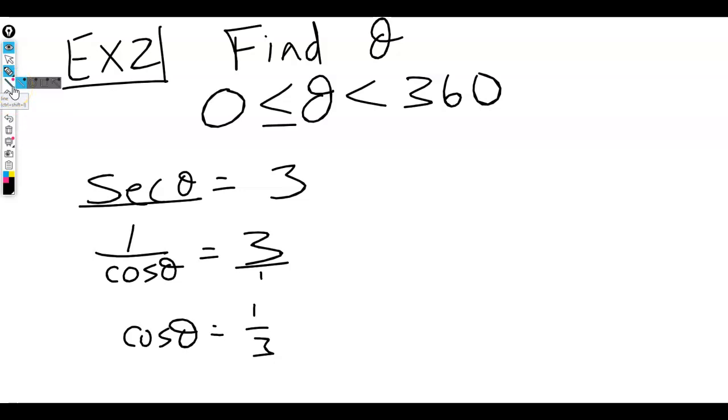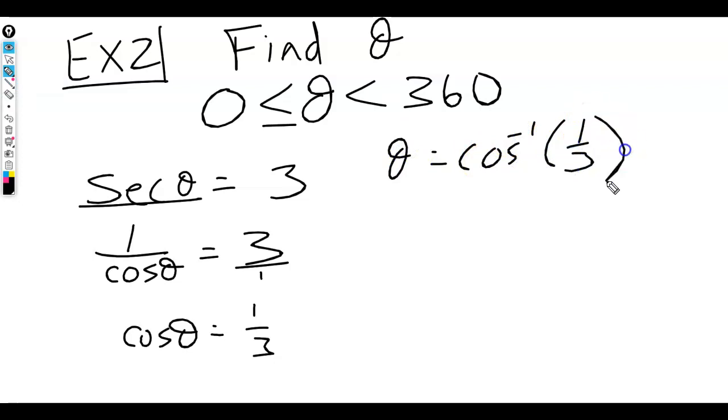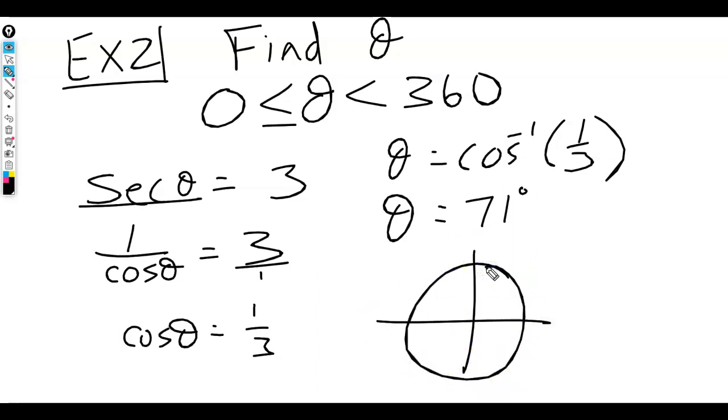So to find my first answer, I'm going to take the arc cosine of 1/3. Let me get my calculator out and do that real quick. And I'm getting 71 degrees. I'll do it the long way, but you can also do it the short way if you want to. 71 degrees on the unit circle would be about here. And the one that goes with it would match that answer of a positive 71 degrees would be the one directly below it at negative 71 degrees.